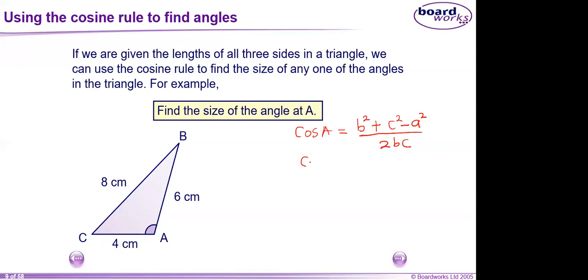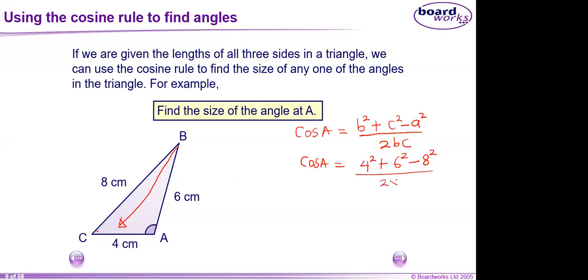So we shall have our cos of A is equal to, what is B? B is 4. So 4 squared plus C is what? C is 6, 6 squared. Minus what is our A? A squared.